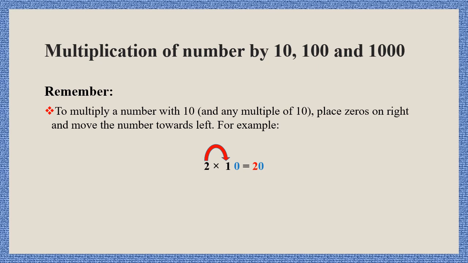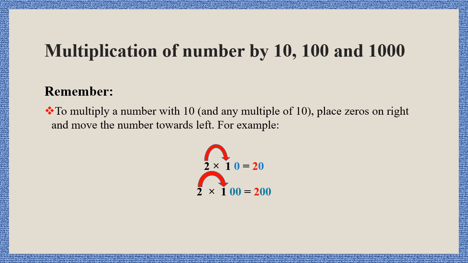Similarly, if you have to multiply 2 by 100, how will you do that? You will multiply 2 by 1 of 100 and the zeros of 100 will be placed on the right side of the answer, making 2 move 2 columns to the left, and your answer will be 200.